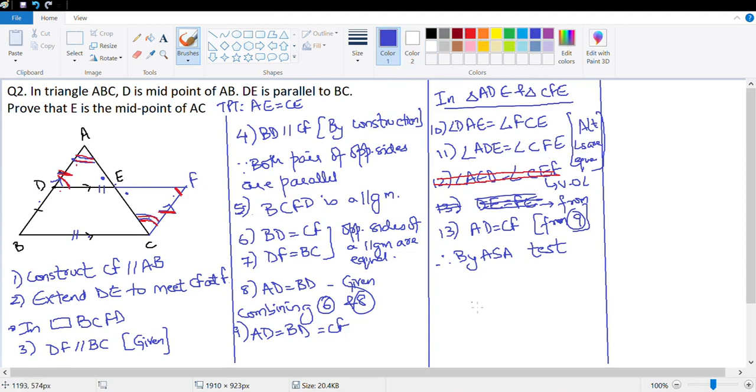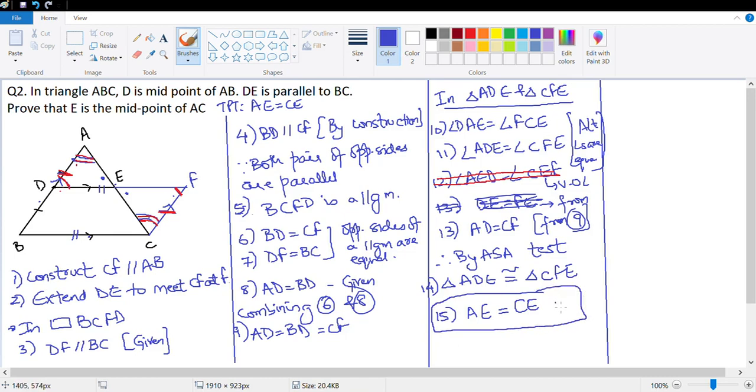Otherwise, this is fine. What I get is triangle ADE is congruent to triangle CFE. This is my number 14. So how does this help me? It says that number 15 would be AE is equal to CE. Is this what we wanted to prove? Yes, this is CPCTC.